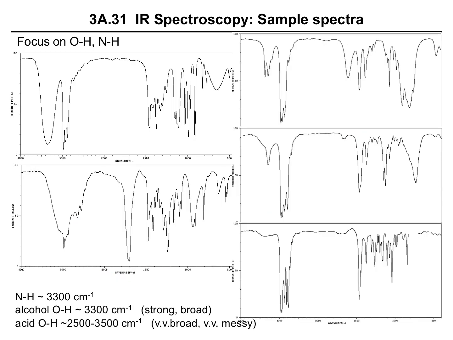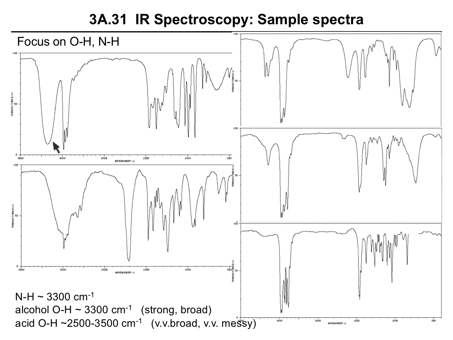Next, let's take a look at OH and NH. So NH and alcohol OH both absorb around 3300, the acid OH 2500 all the way up to 3500. So here we have an alcohol OH. And this is another signal that tends to be really strong, and it's a lot more broad than some of the other peaks that we normally see.